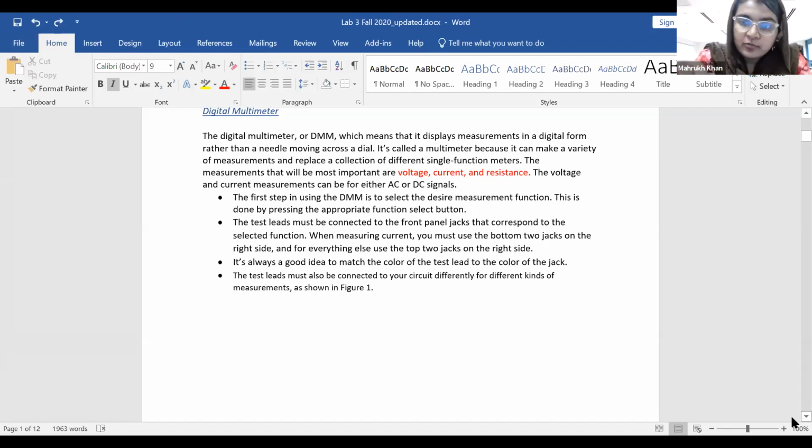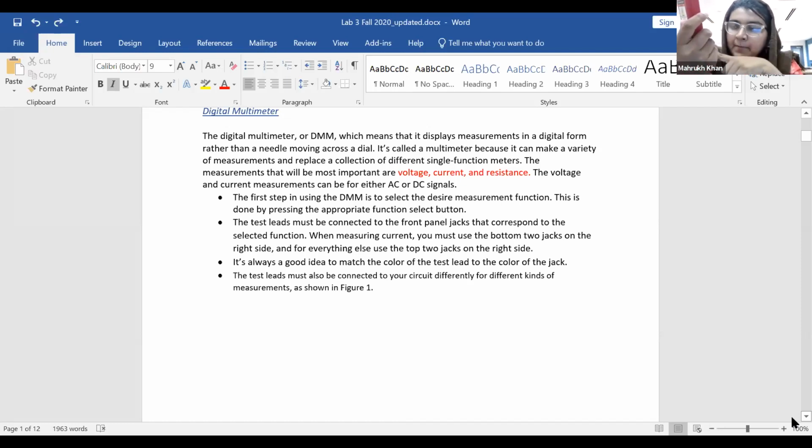Then when measuring current, you must use the bottom two jacks on the right side, so it's different. And for everything else, you use the top two jacks on the right. So for this, it may be the right side, but here it is like this. This jack is for measurement of higher currents, up to 5 amperes.